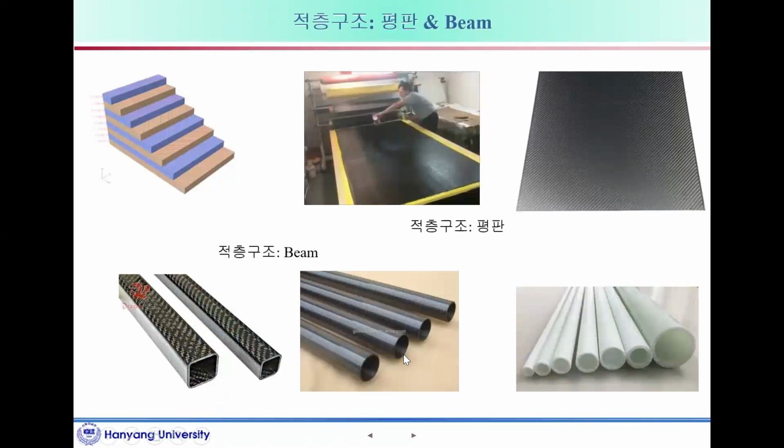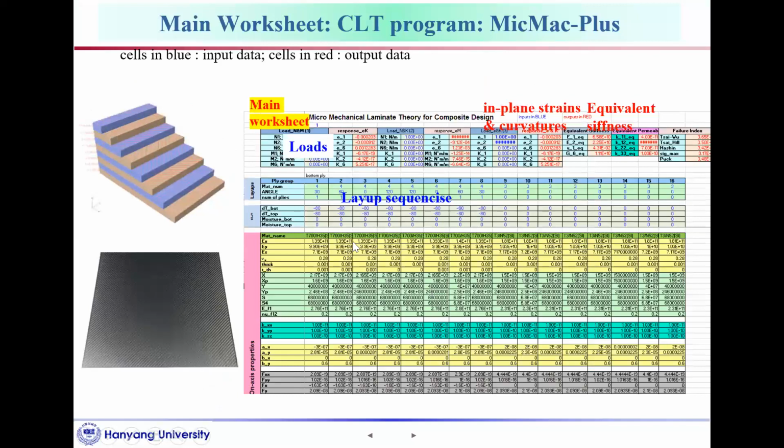Industry-wise, we use these kinds of beam structures a lot. Now we would like to know the response subject to a certain load, how much deflection and how much stress, and so on, to be able to design sections and thickness and angle.